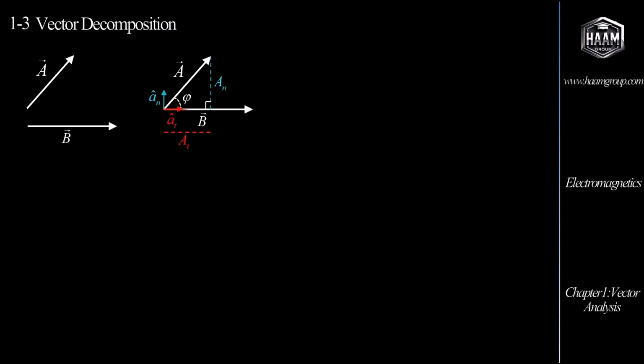Using these definitions, vector A can be expressed as the sum of its tangential and normal components: A equals AT A hat t plus AN A hat n.